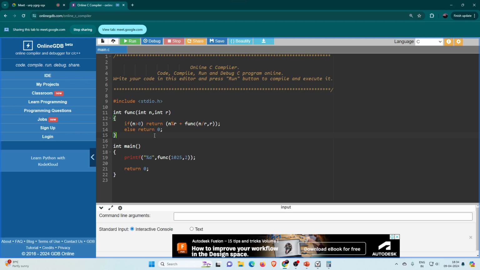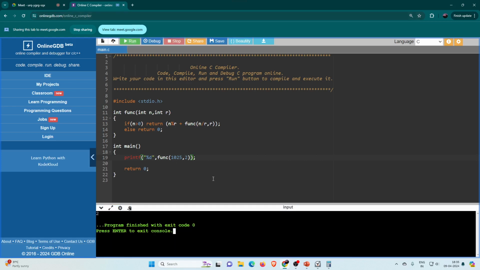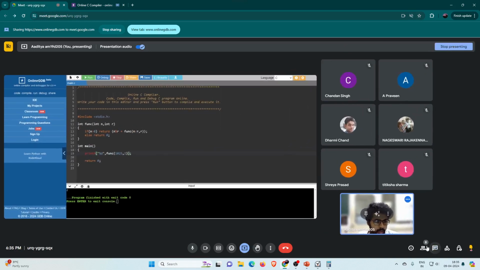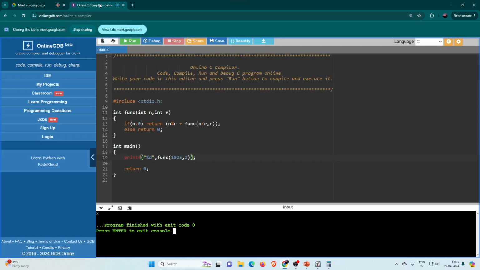My main is just calling that function, and I have already given these inputs, 1025 comma 2. So I'll run, and like Shreya Prasad answered, it is 2.